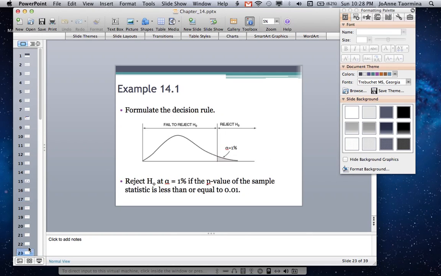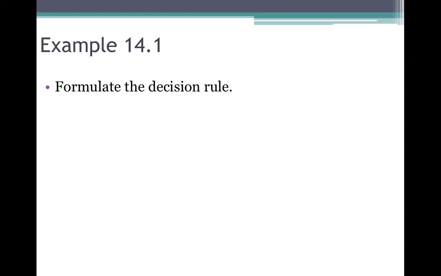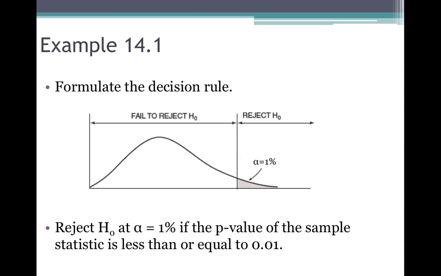Yes, alpha was 1%. So our decision rule is going to be to reject H0 at alpha equal 1% if the p-value of the sample statistic is less than or equal to 0.01. Okay, so we always want our p-value to be tiny, as small as possible, because a smaller p-value indicates that the chi-square test statistic is far over here, far on the right, far away from 0, far enough to reject the null hypothesis.